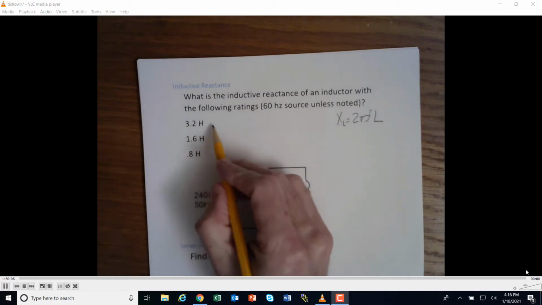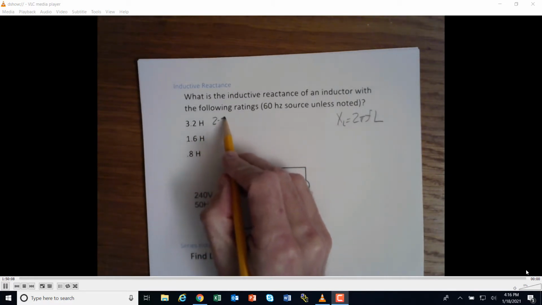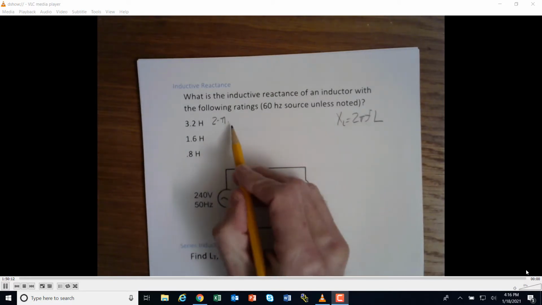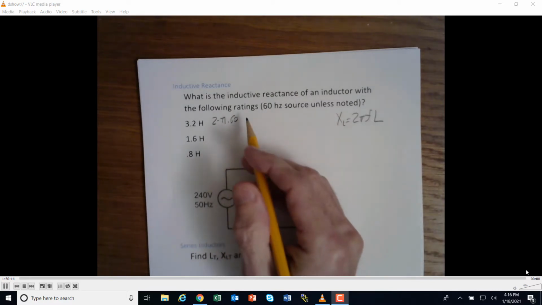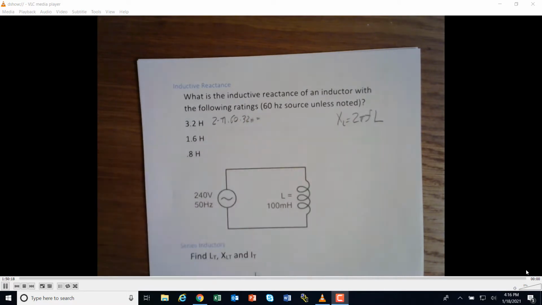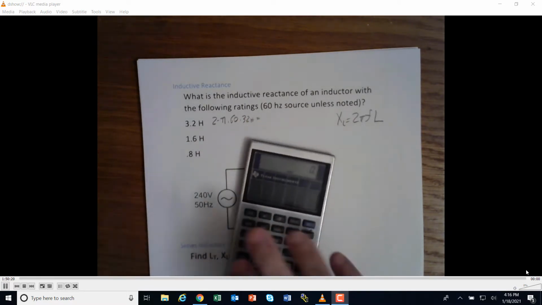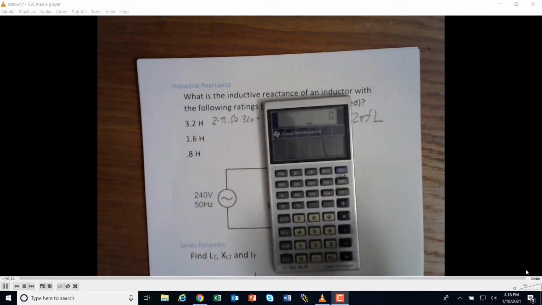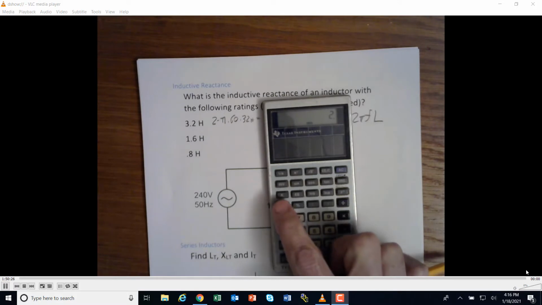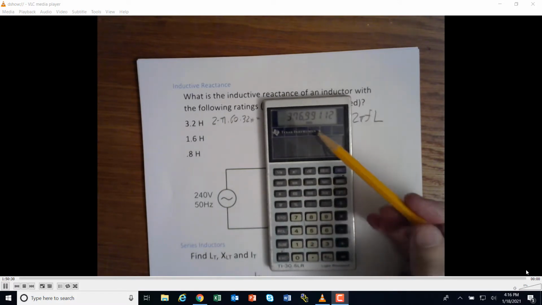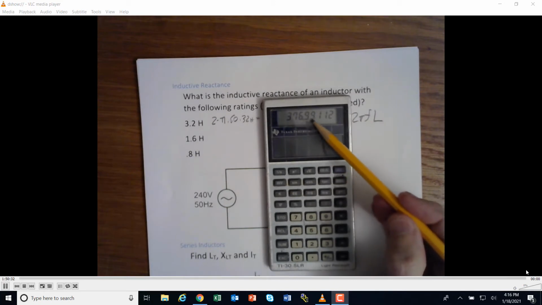If I were to write these out, I'm going to do 2 times pi times the frequency, which was 60 hertz unless noted, times 3.2 henries, okay? So if I run that, the first thing I'm going to show you is if I take 2 times pi times 60, that's 376.99.